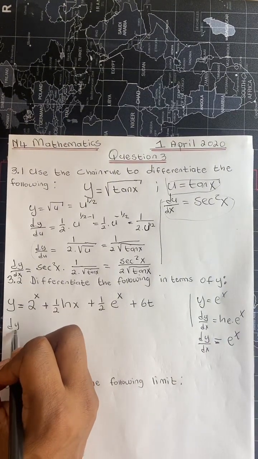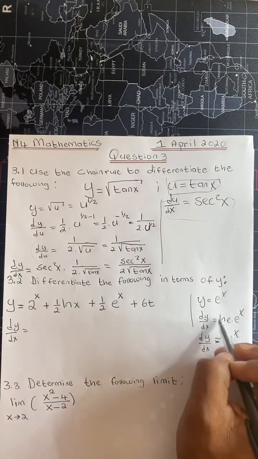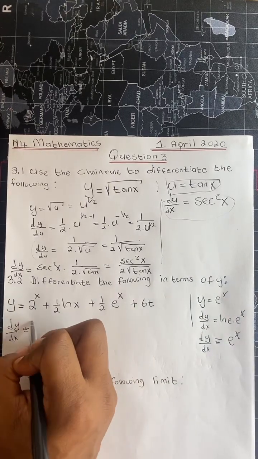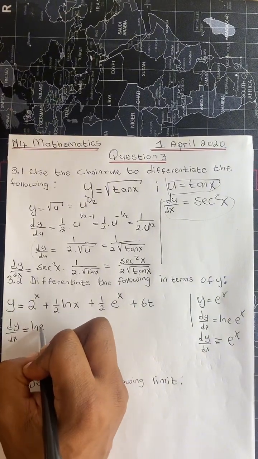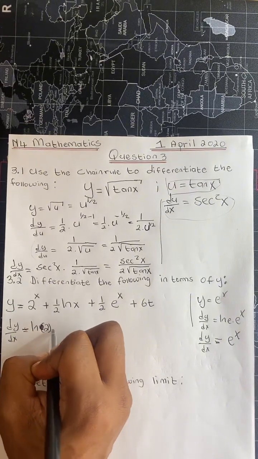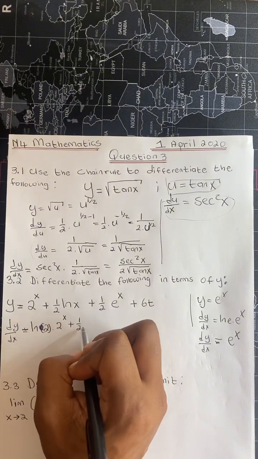So in this case we have dy over dx, so we take ln of the 2, just like here we take ln of e, but ln of e was 1, so ln 2 multiplied by 2 to the power x.